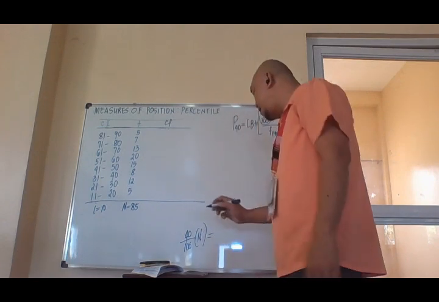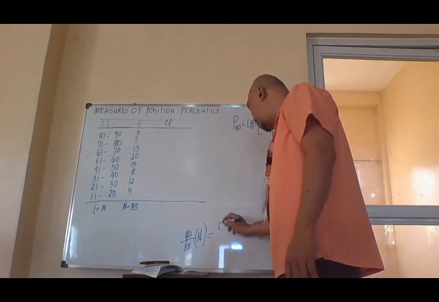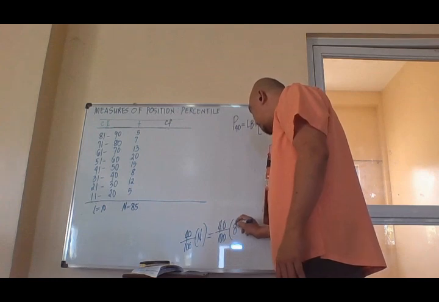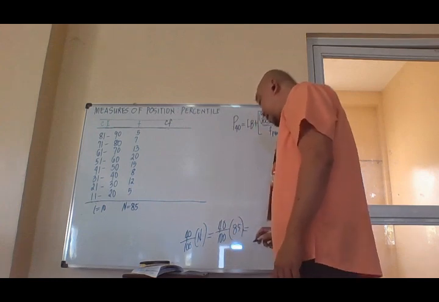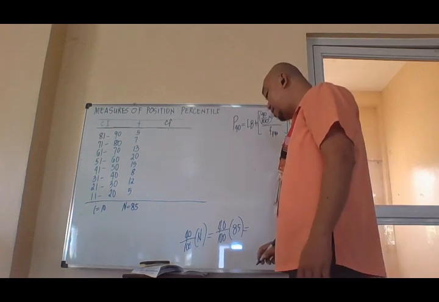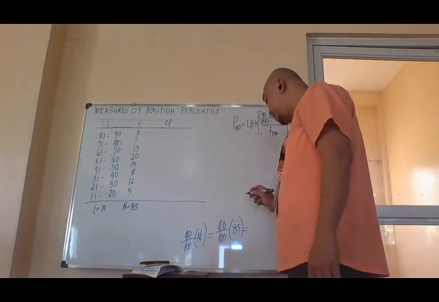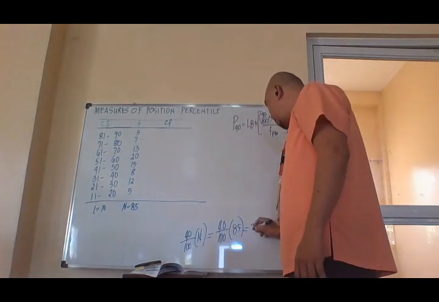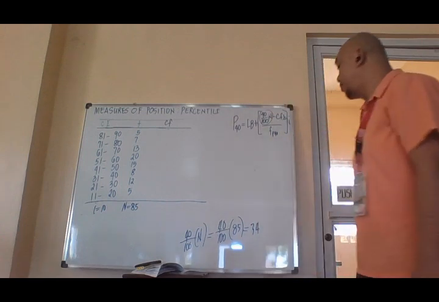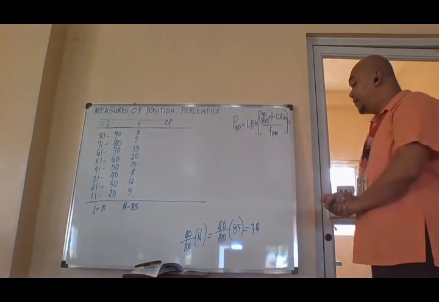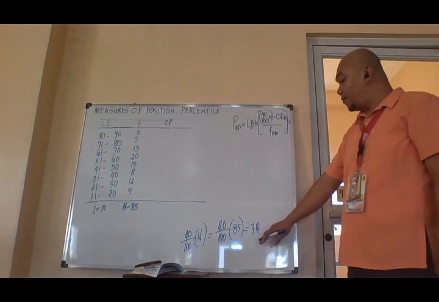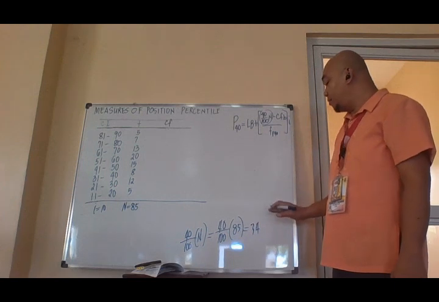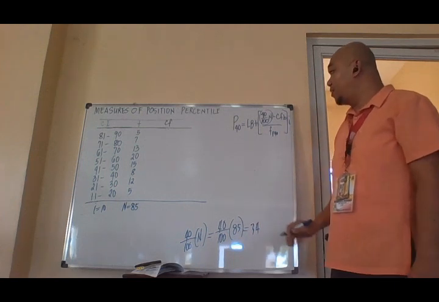In this case, since our n is 85, we have 40 divided by 100 times 85, and that is 34.